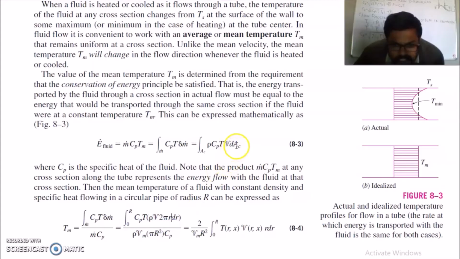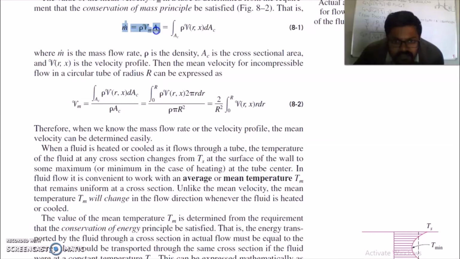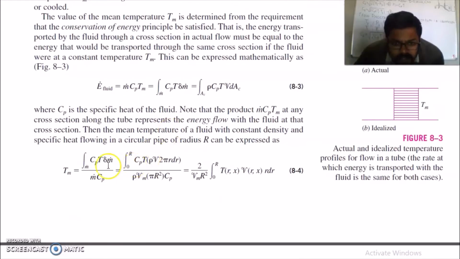Instead of dAc, fill in the value 2 pi r dr, integral 0 to R, and fill in the value of mass, which is equal to density into mean velocity into pi R square. From this relation, take this value and put it here at this place, and you will get this equation.